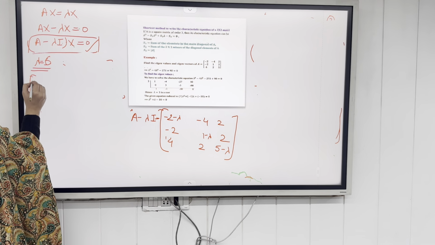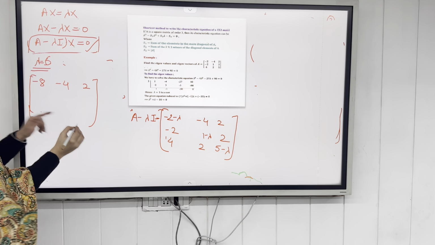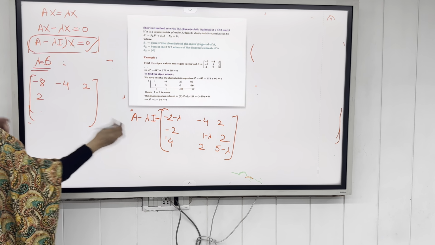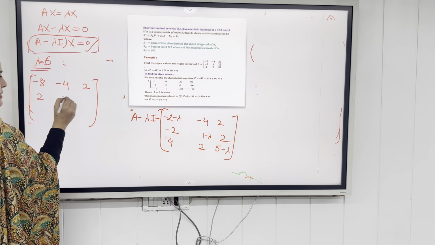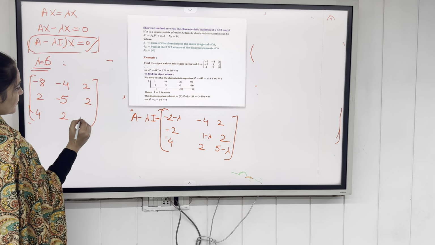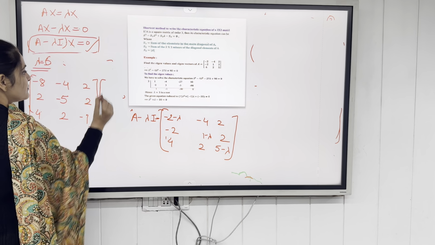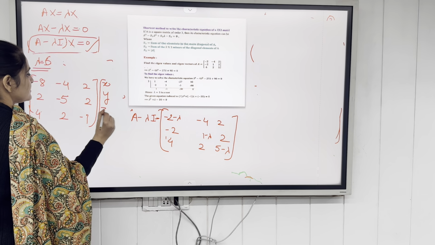We will get here the matrix as minus 8, minus 4 and 2. The next will be 2, replacing lambda equal to 6, minus 5 and 2, 4, 2 and minus 1, multiplied by x, y and z.